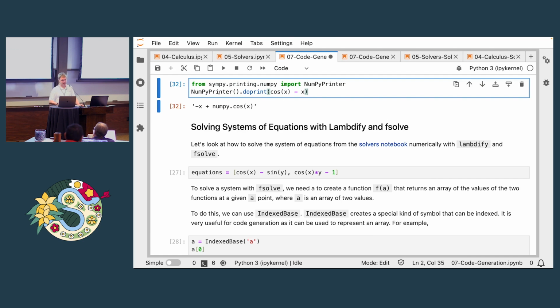But yeah, you can. These printers, we don't really go over it much here, but these printers are very customizable. You can subclass them to add printers for your own types of functions that they don't already know about. So if you had a function that it doesn't know about, but you want to use it in lambdify, you could subclass this printer and then pass it to lambdify.